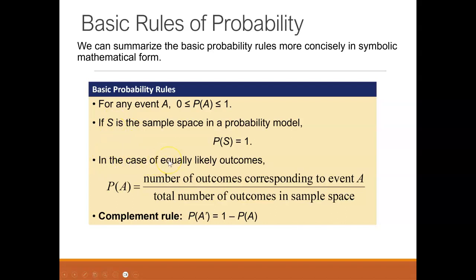In the case of equally likely outcomes, the probability is the number of outcomes divided by the total number of outcomes. And then the last one we call the complement rule. The probability of not A, where the little apostrophe next to the A is one of the notations for the complement, is equal to 1 minus the probability that it does occur.